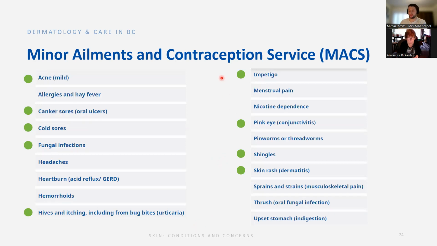Impetigo, which is a superficial bacterial skin infection that you might see in children. Pink eye, shingles, which we have a whole slide about later, so I'll talk more about that. And any types of non-specific skin rashes as well. If this is new knowledge for you, I hope you find it useful and can go seek care from a pharmacist if needed.